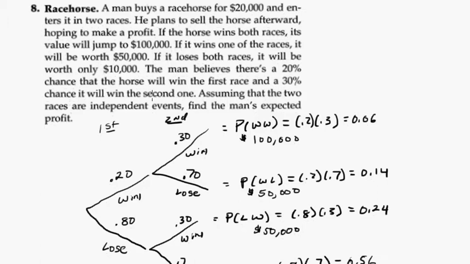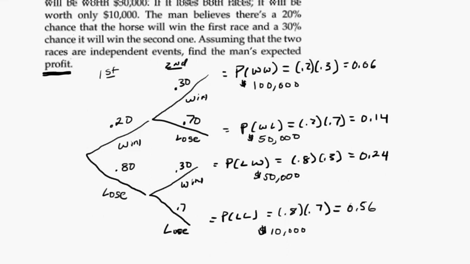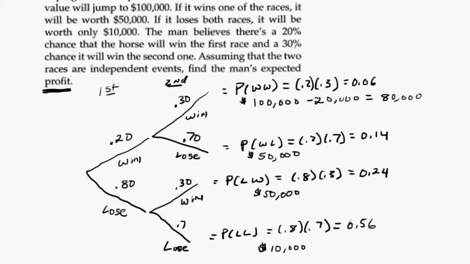Now, what are they asking us? Assuming the 2 races are independent, find the man's expected profit. You've got to get capitalism involved here, I guess. So we can't just talk about perceived value. We've got to think about profit. It cost $20,000 to purchase the horse. So the profit here is $80,000.